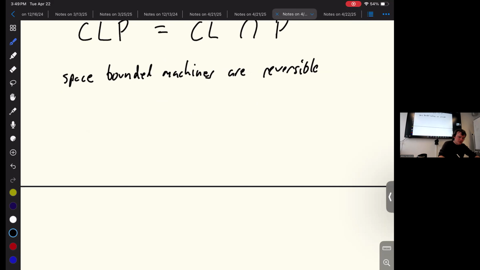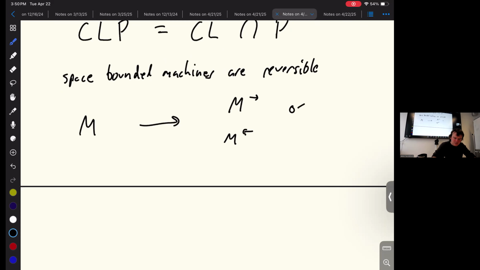I mean, if you start with a machine M, you can convert it into machines M forward and M backwards, whose space usage is almost exactly the same as the original machine, off by big O of 1 many bits of memory. That has the same behavior as the machine M in terms of the same input-output behavior.